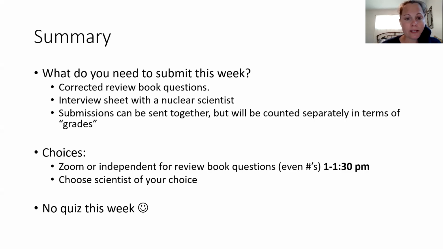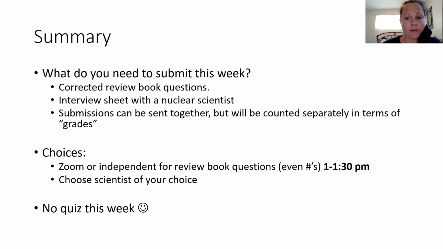Your choice this week is, well, you get to choose which scientist you researched to interview, and then you can decide whether you want to do the review book questions on Zoom, or you can do them independently. The Zoom today will be from 1 to 1:30, and I will send the code out 15 minutes prior.